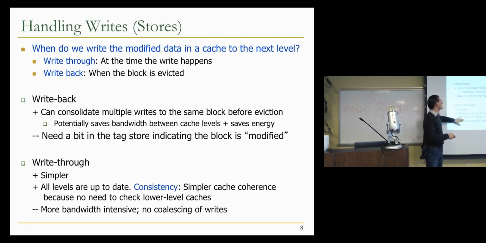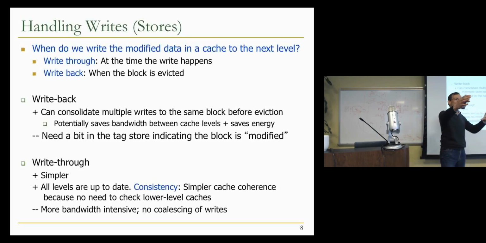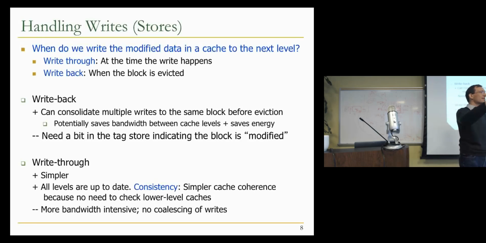Now you can have simpler cache coherence because you do not need to check lower level caches. Cache coherence is a problem that whenever one processor writes to a cache and another processor has the same data cached in its own cache, if you have multiprocessors, now you have inconsistent data in different caches for the same block. And this other processor that has cached that block in its own cache should get the correct data.